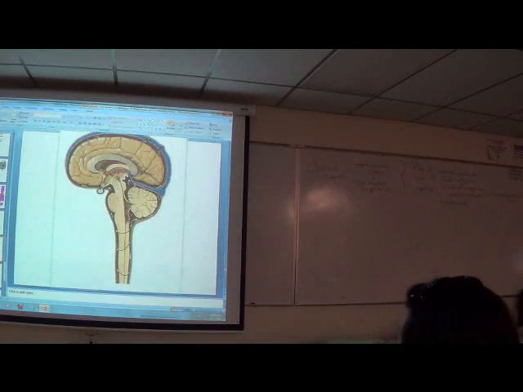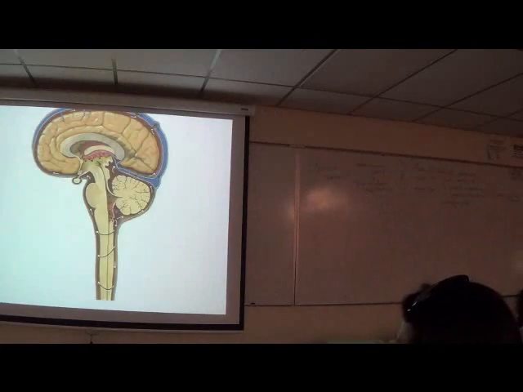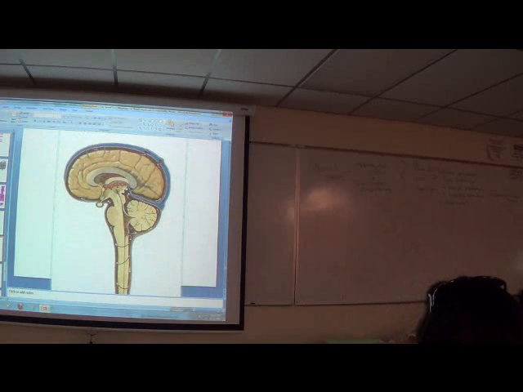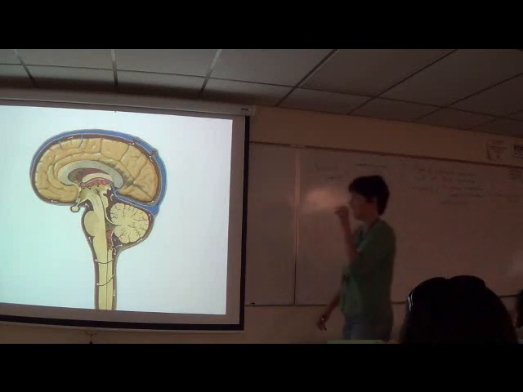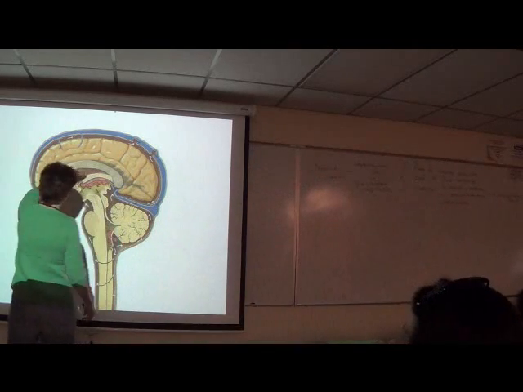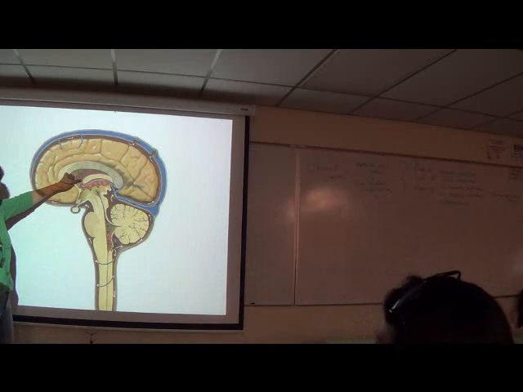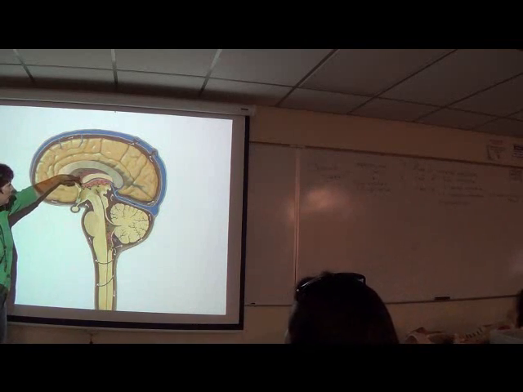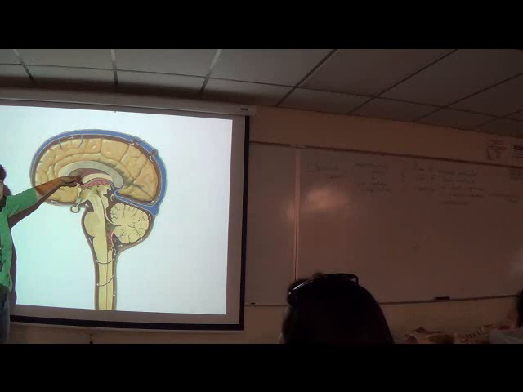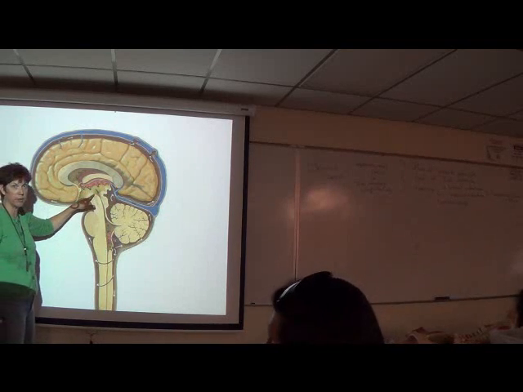I'm going to trace this. I'm going to start with the lateral ventricles, because obviously if we have CSF being formed in the third ventricle, it's not going to travel quite the same way. But here's the choroid plexus in the lateral ventricle. CSF formed by that is going to travel through the interventricular foramen into the third ventricle.